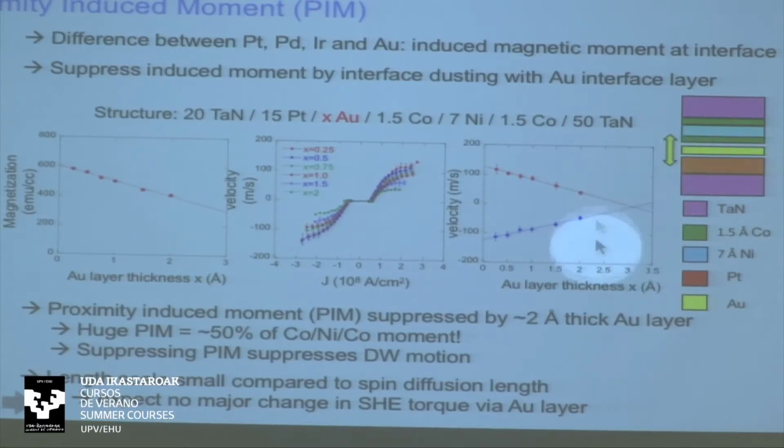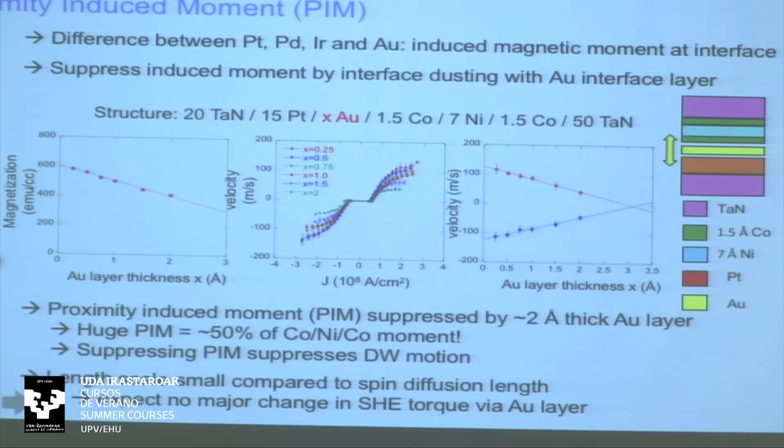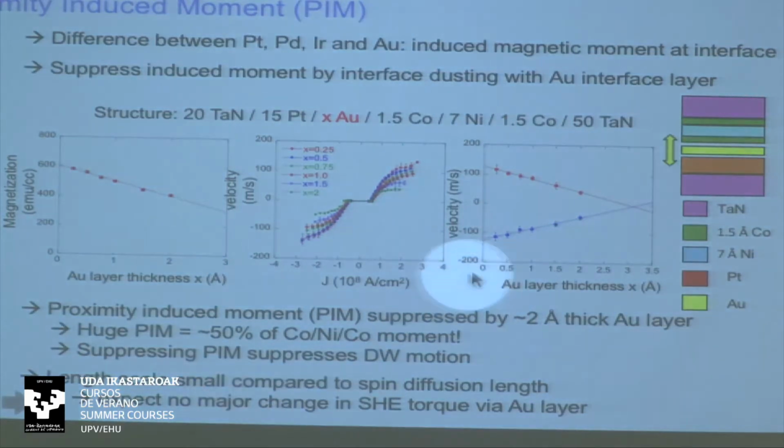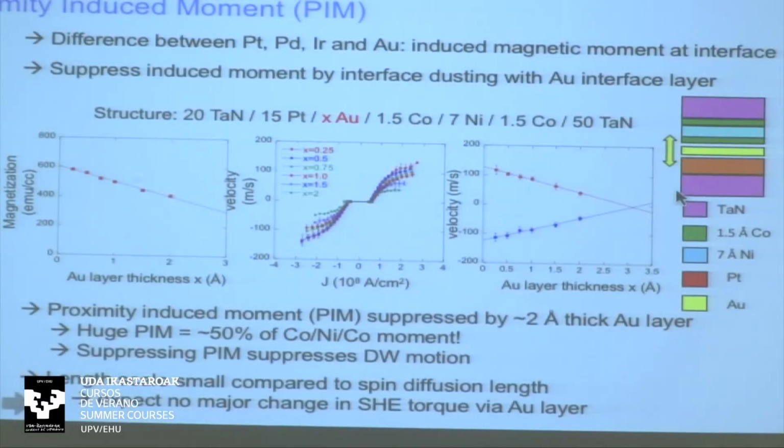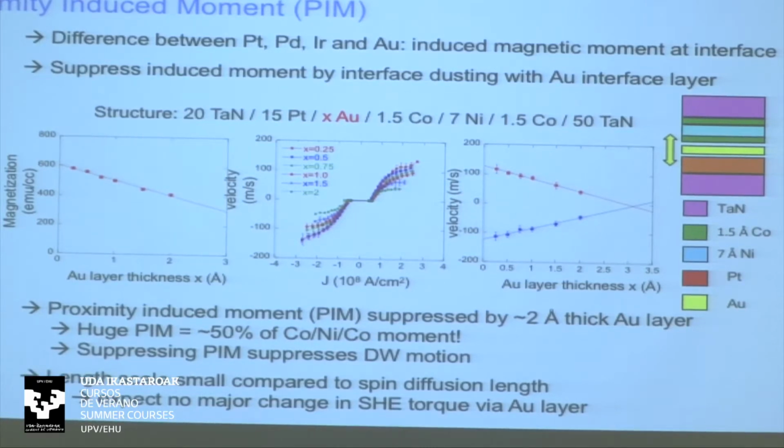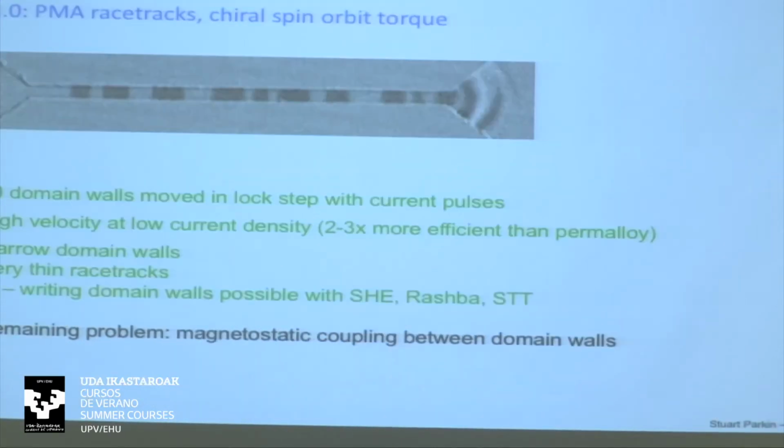And just 2 angstroms of gold is sufficient to reduce the net magnetic moment of the whole system by 1/3, which is the magnetism induced in the platinum layer. And it's also sufficient to completely reduce the velocity from 150 meters per second to 0. So you just see 2 angstroms of gold completely breaks this interfacial effect with the underlying platinum. It's extraordinarily sensitive to tiny details.